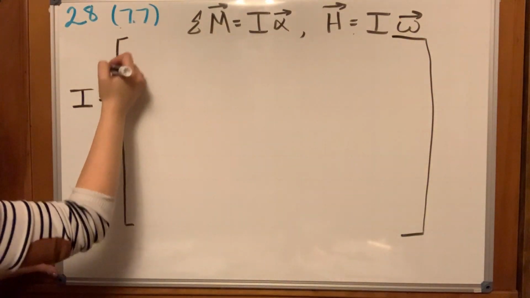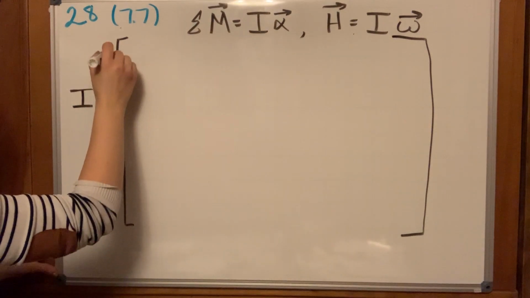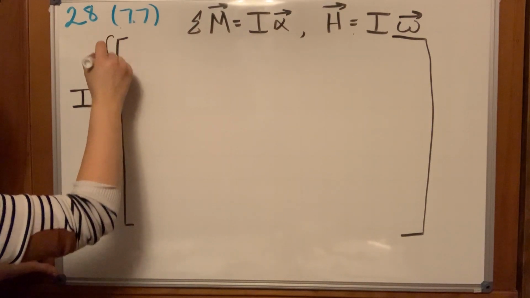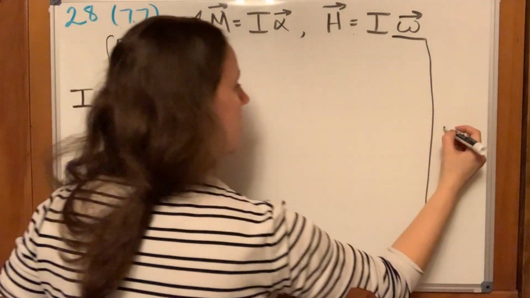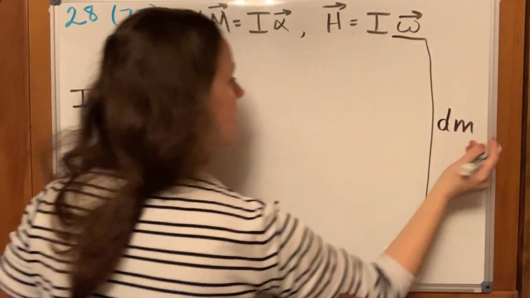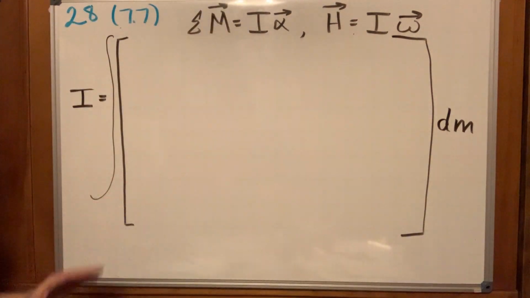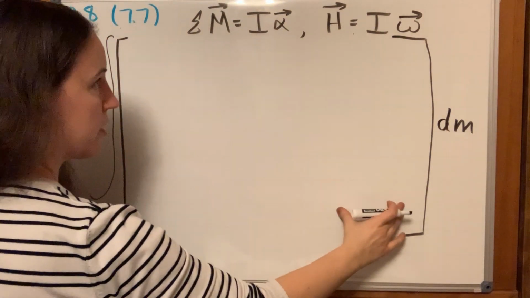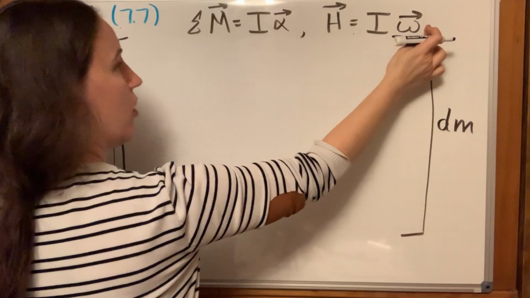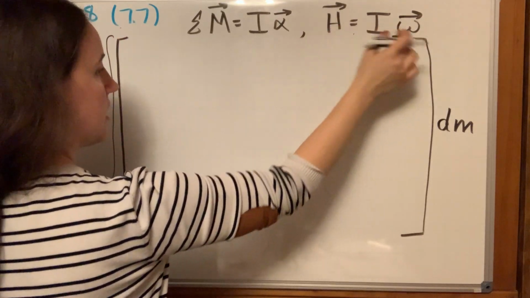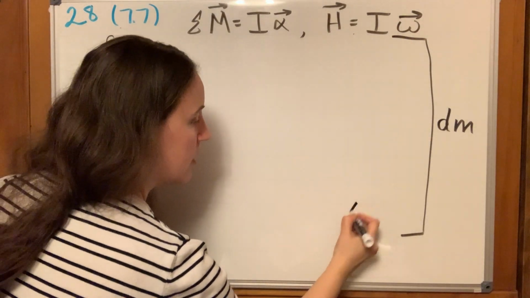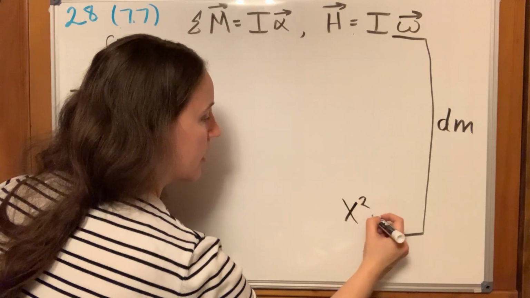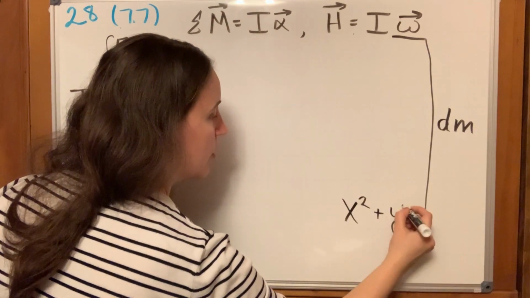So we're always going to be taking the integral for each of these cases. So I'm going to draw a big integral for all of the mass. We're going to take care of every piece of mass. And here, if this is going to be the component that relates omega in the z with h in the z, just like normal, that would be x squared plus y squared.